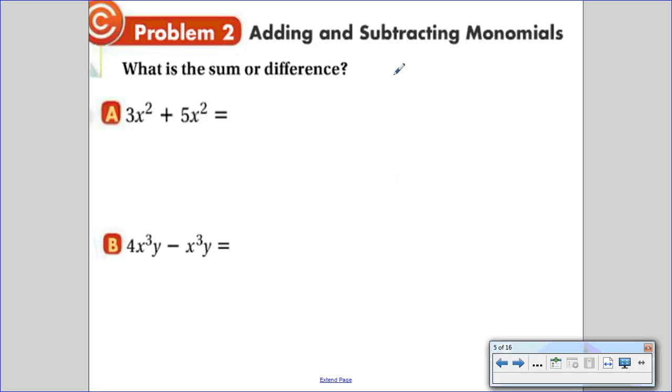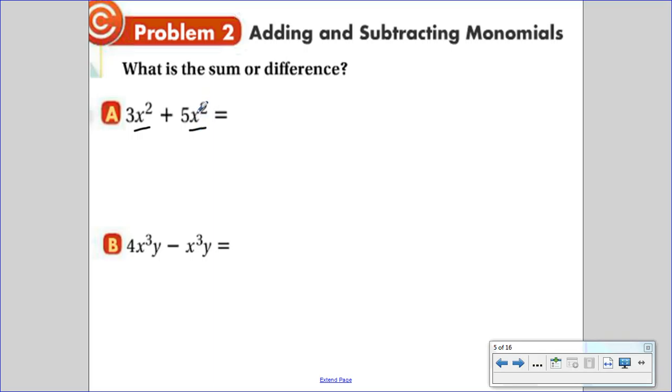Adding and subtracting monomials. When you have monomials and you want to add or subtract them, you have to make sure that they have like terms. Meaning these variables with their exponents have to be the same. I almost think of them as a label, like the label is x squared. So I have 5x squareds right here.